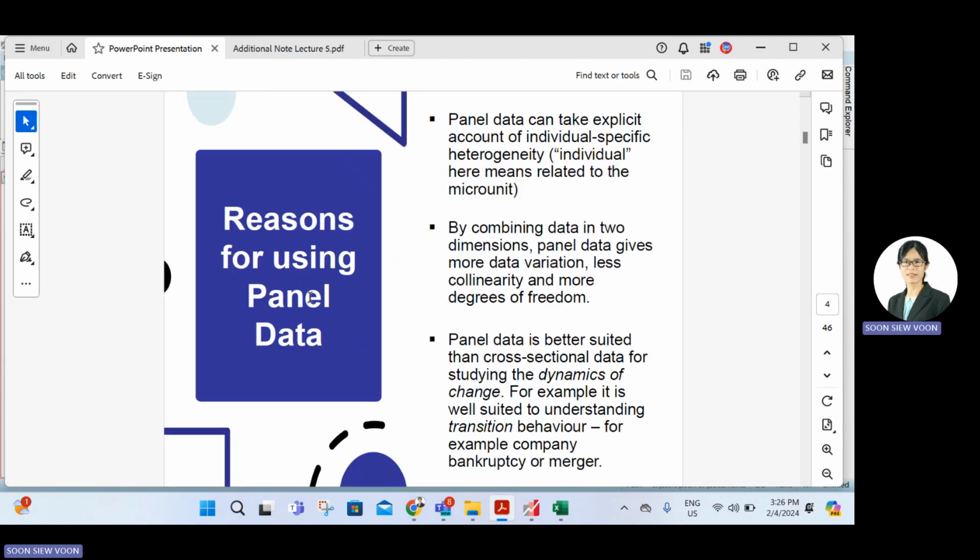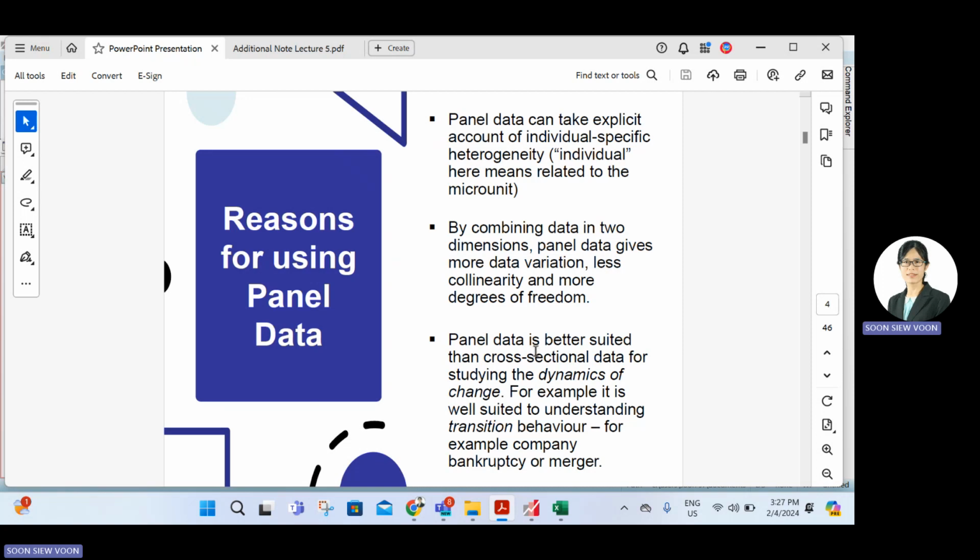So what is the reason for using panel? Again, you can take into account the individual specific heterogeneity. You can combine data in 2 dimensions, which gives us more information and more data variation. So there is less concern about multicollinearity, and we will have more degrees of freedom. Not only that, panel data is better than cross-sectional data for studying the dynamics of change.